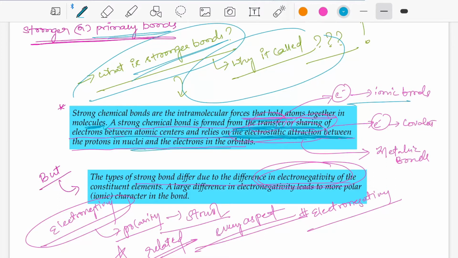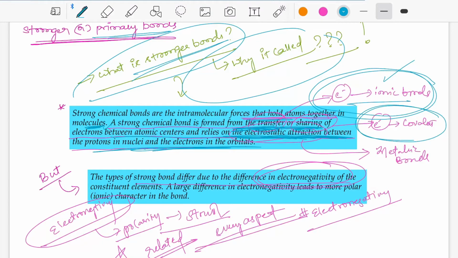Due to the transfer of electrons results an ionic bond. Due to the sharing of electrons results a covalent bond. Due to the electrostatic attraction results metallic bonds. In the definition only we got the classification: ionic, covalent and metallic bonds.